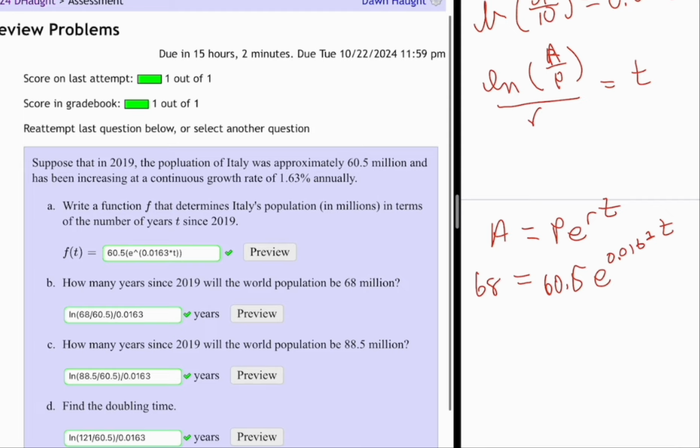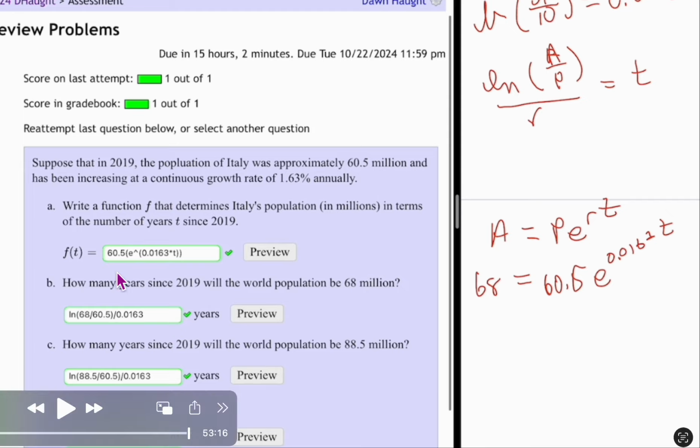So our first one, our function: use your starting population, 60.5, and then e to a power of 0.0163 times t. Put that power in parentheses. Then for B, how many years until the population is 68? Here's the formula we're going to use to solve.